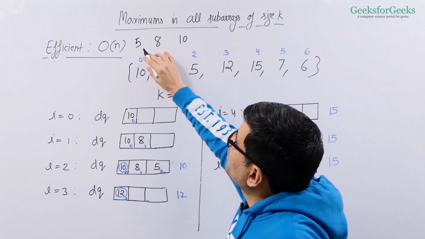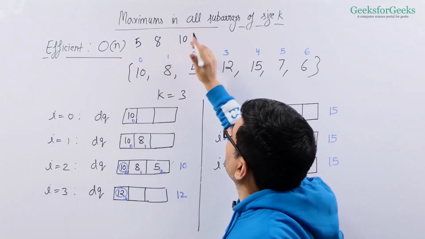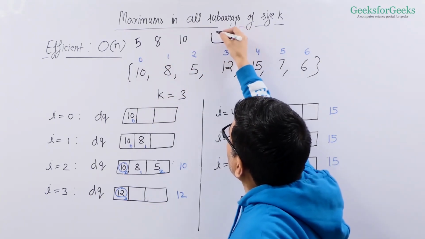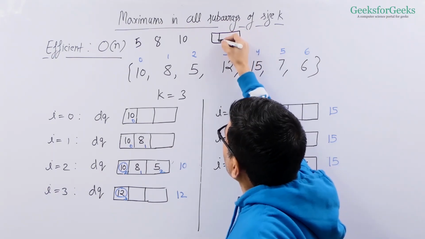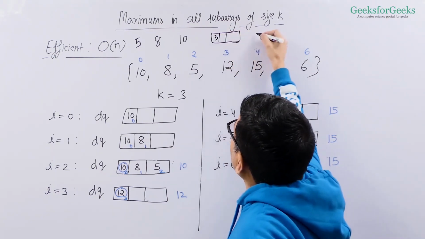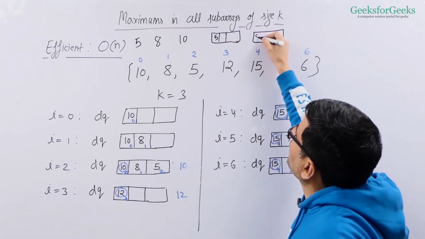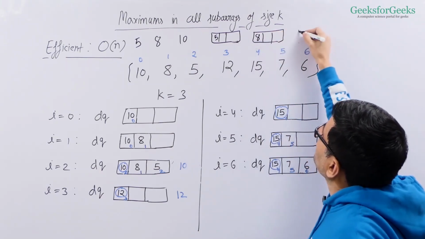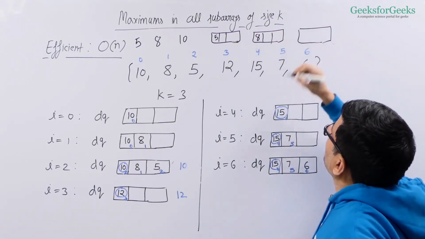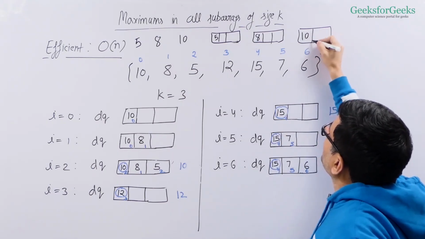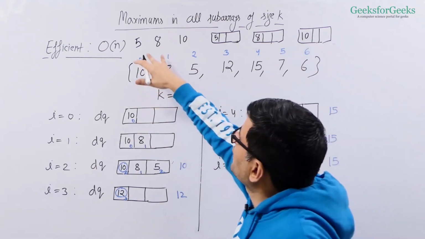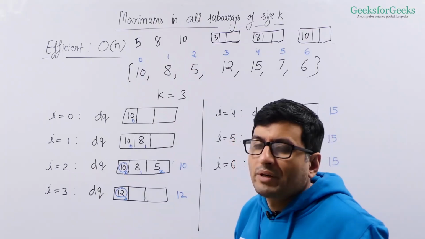So if our elements were 5, 8, 10, then we would have inserted in the DQ this way. Initially, we would have inserted 5. Then when 8 comes, 8 would have removed 5 and we would have got 8 now. And when 10 comes, 10 would have removed 8 also. So we would have 10 at the end of these 3 elements, right? That's how we maintain the DQ.